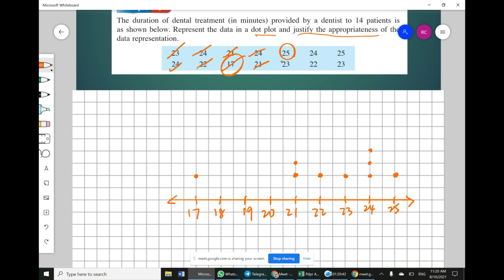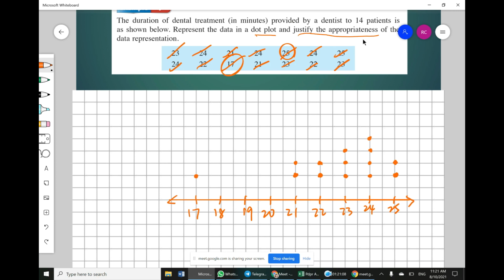Here. Cancel it. Make sure all the dots are almost the same size. 23 now. Cancel. 24. Cancel. 22. Cancel. 25. Cancel. 23. Last one. So we finish everything already.